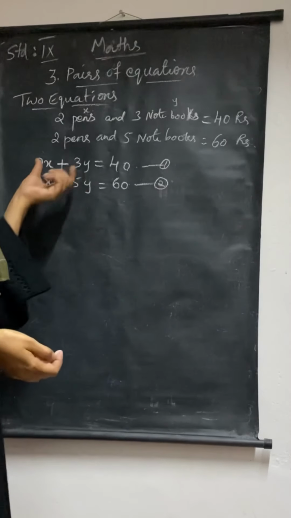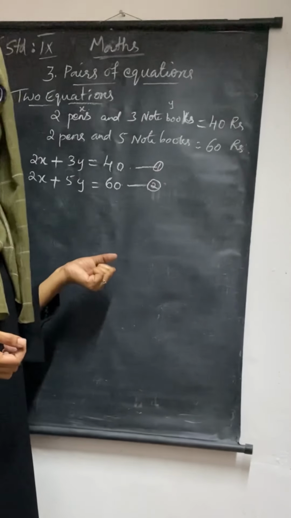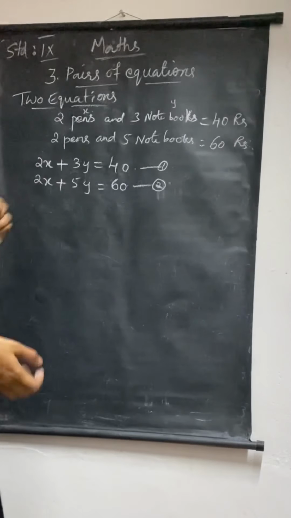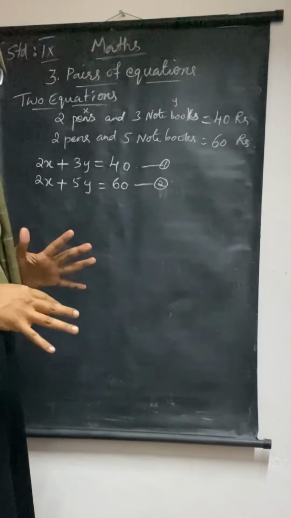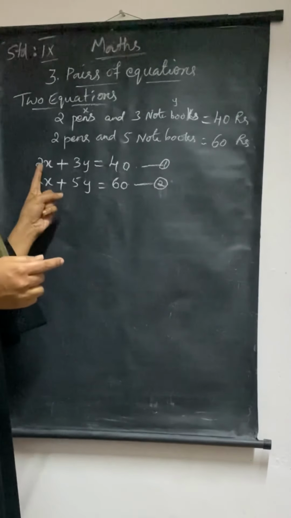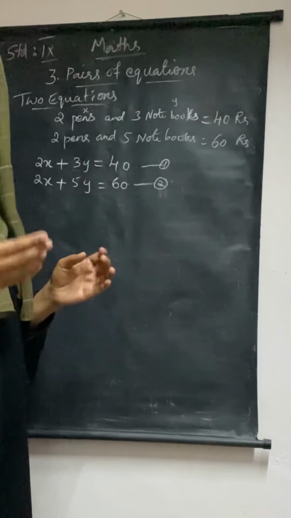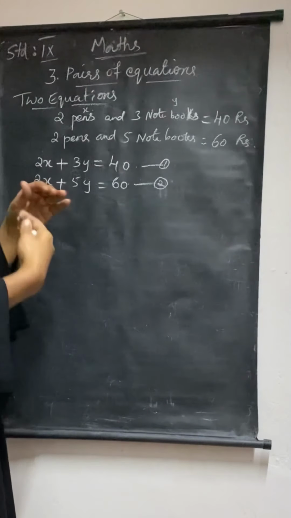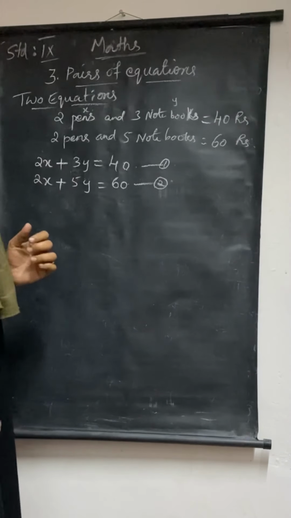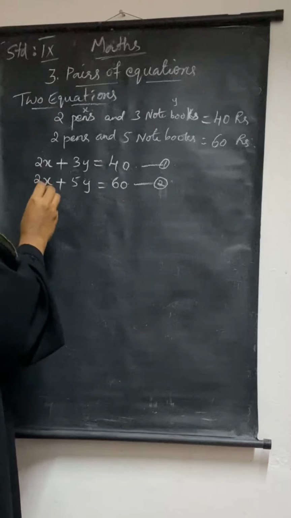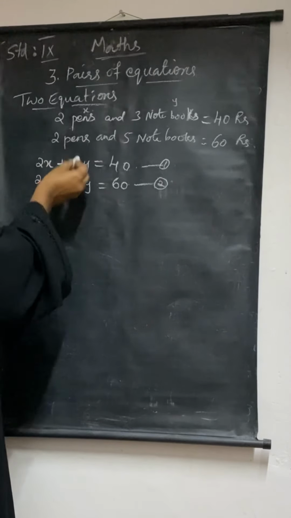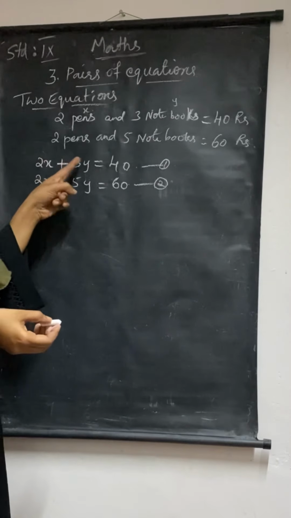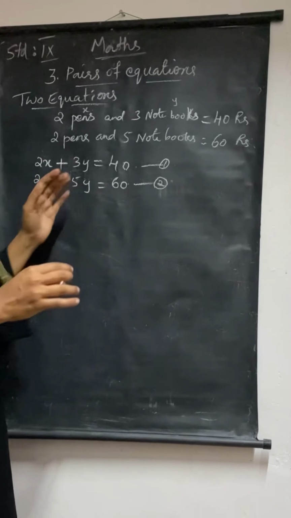After this, x and y we don't know. We have to find the price of x and the price of y. Both things we cannot find at once. What you have to do is cancel any one of the x or y values. Cancel means when you subtract, you get 0. For that, see whether the x variable is the same or the y variable is the same. 3y and 5y are different, so we can't do anything.